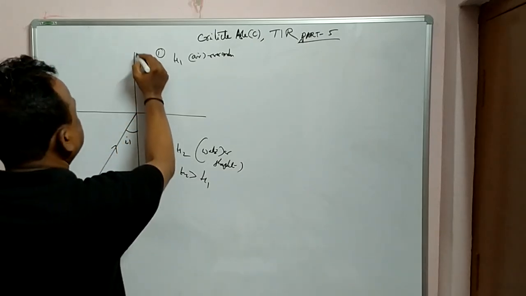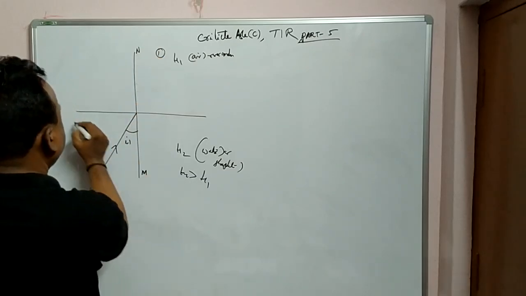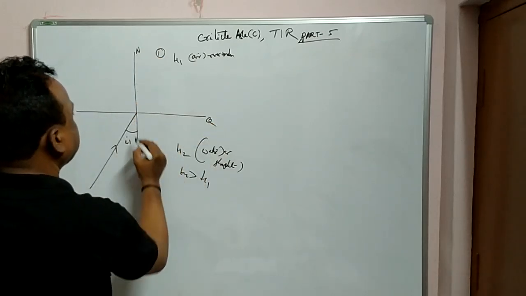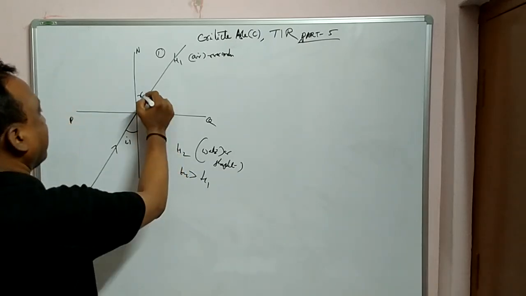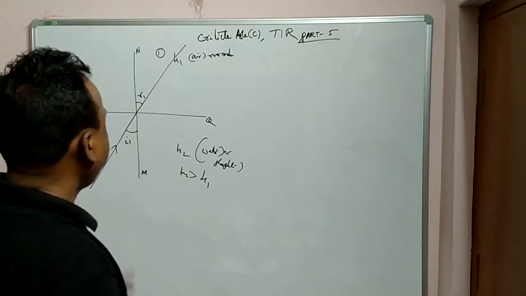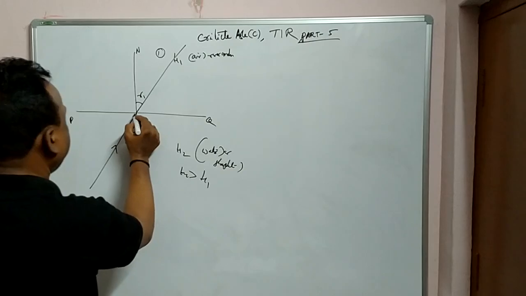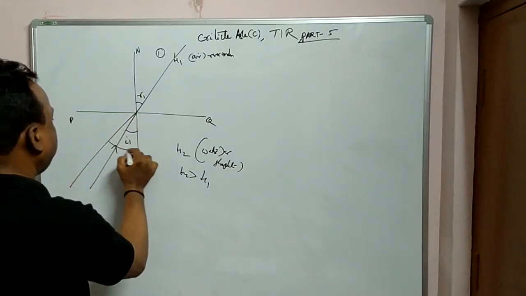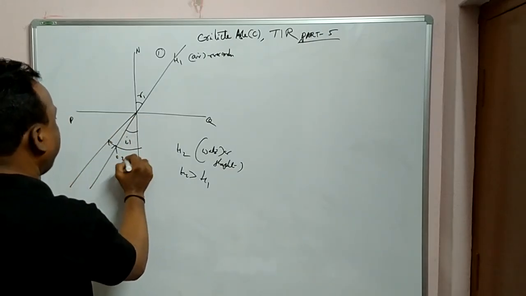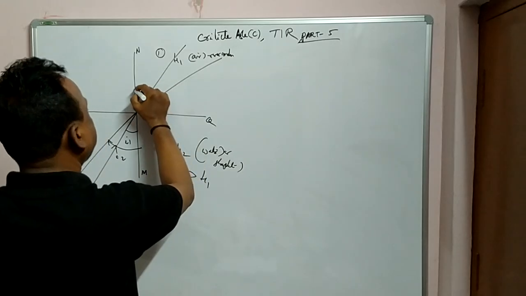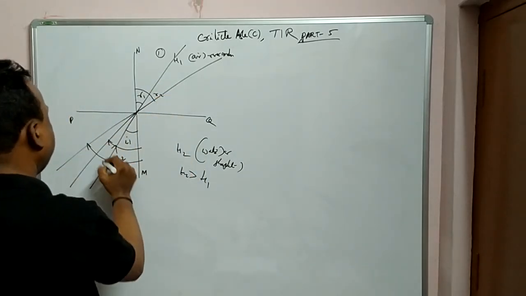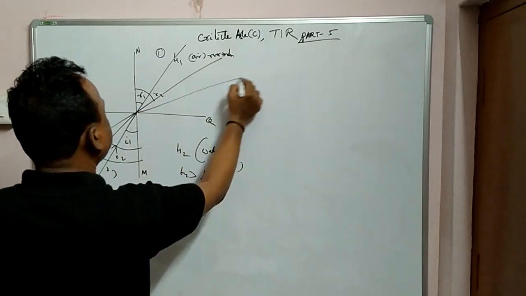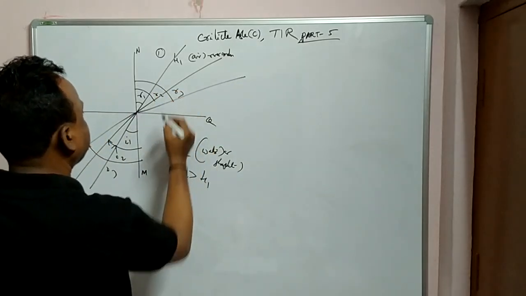This is the normal, the surface separating the two media. Light will be refracting as r1. In the same fashion, if I increase the incident angle to i2, the refraction angle also increases, r2. Again, if I go on increasing to i3, the refraction angle also goes on increasing.